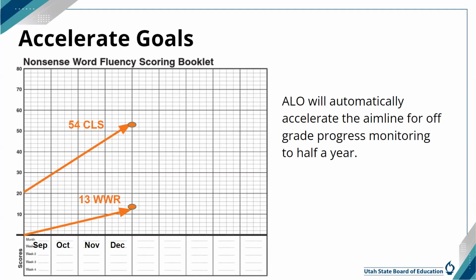So the aim lines are automatically made more difficult for off-grade progress monitoring. And you can use that information when you're looking at those scores, that the red is going to be compared to reaching that goal at the half a year mark versus all the way in June.